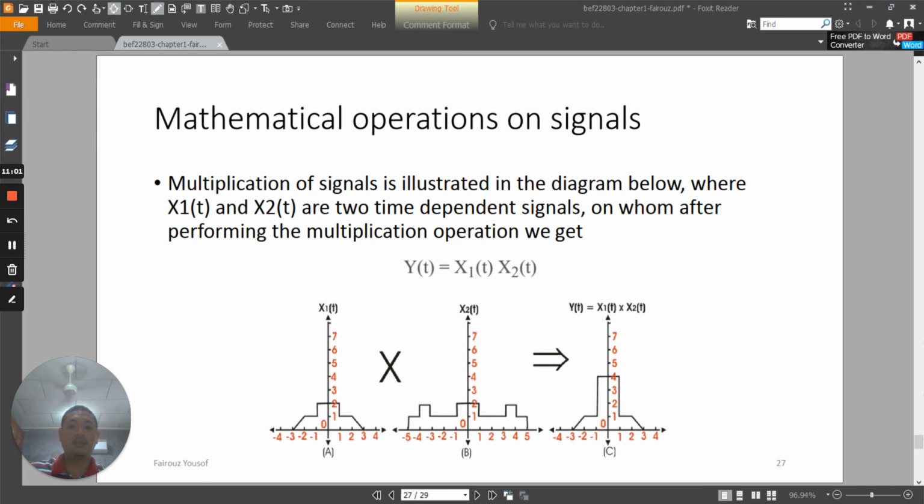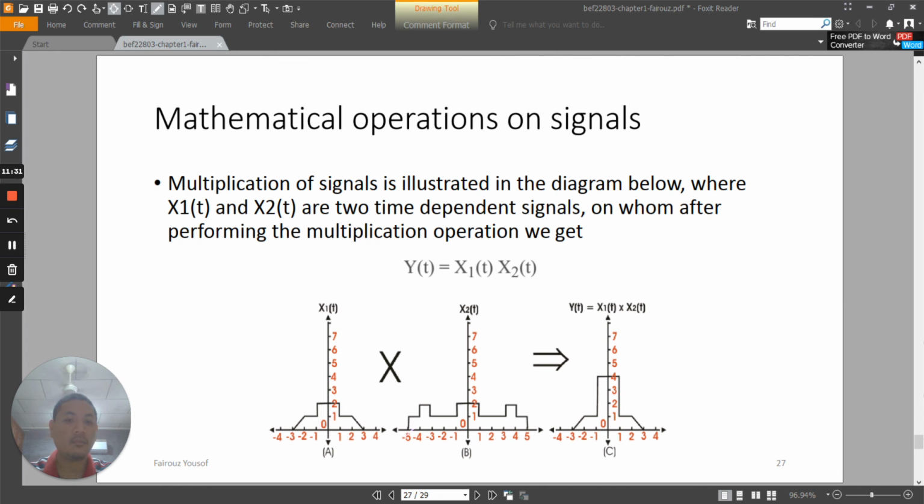So multiplication is basically the same concept, just look at each point one by one and solve one by one. For example, at 3 we have 0 and at 3 we have 1, so because it's multiplied with 0, it is 0.